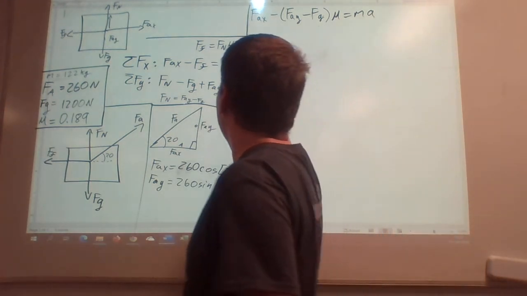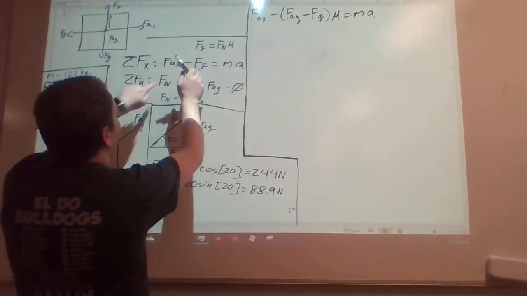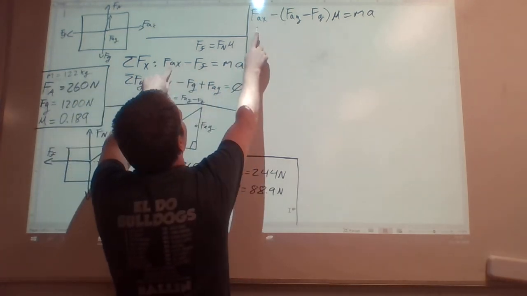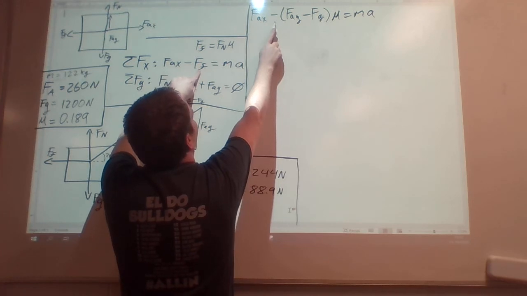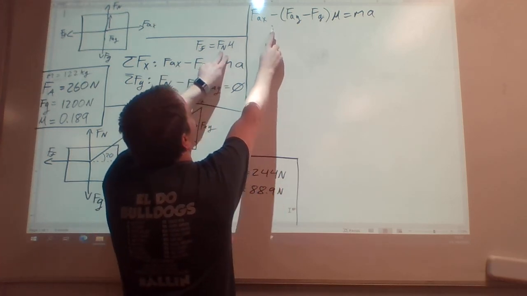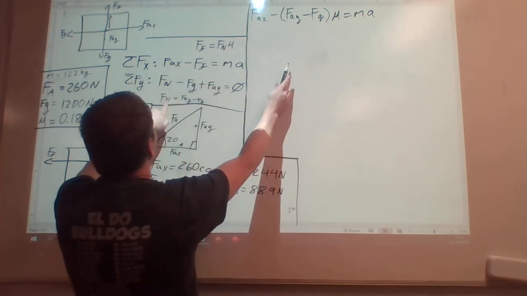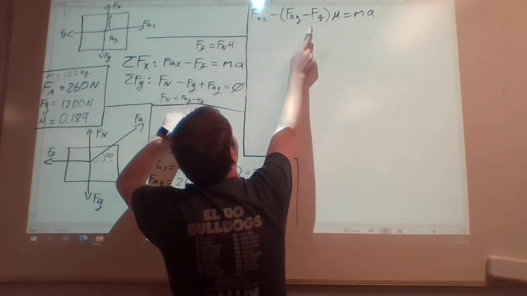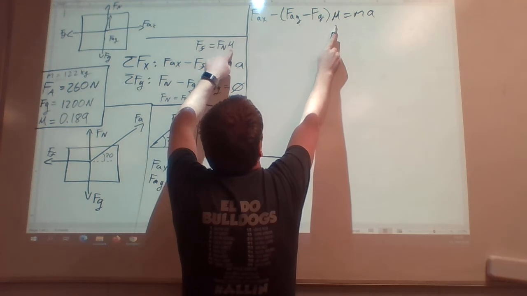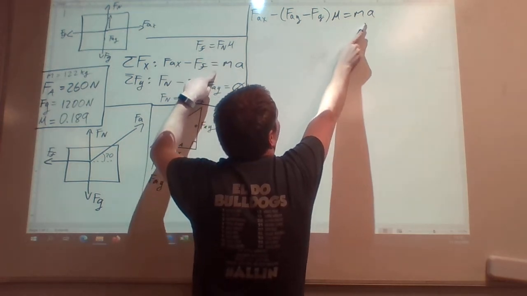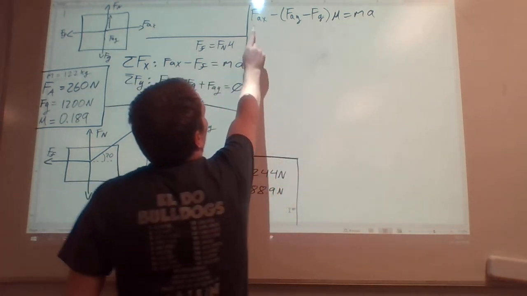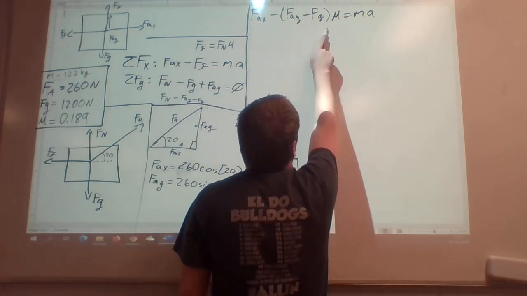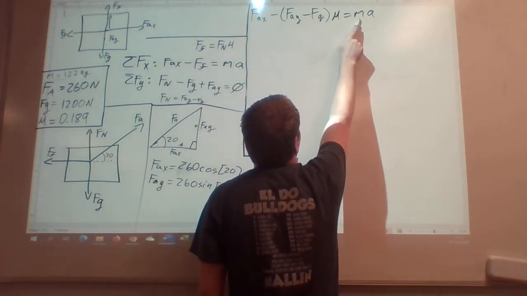So, I'm writing this equation and plugging stuff in. So FAX minus FF. FF is the normal force times mu. Normal force is equal to FAY minus FG, and mu is mu, and that's equal to the mass times the acceleration. We know this, we know this, we know this, and we got this in part 1, and we calculated this just a second ago.